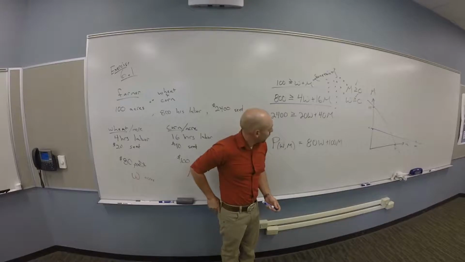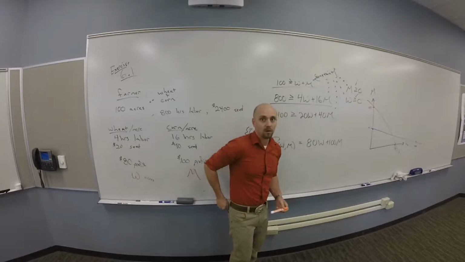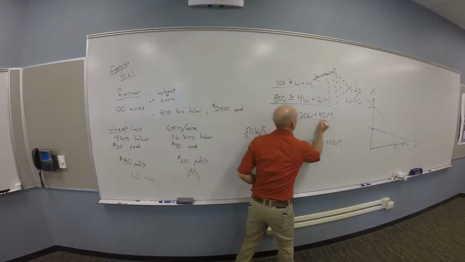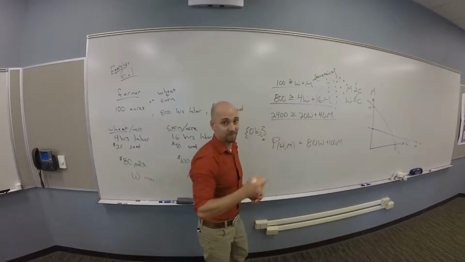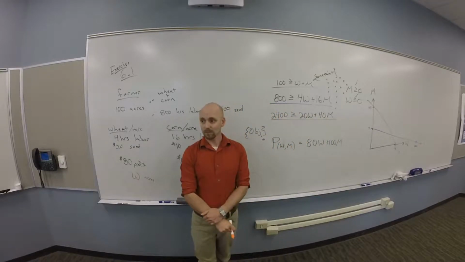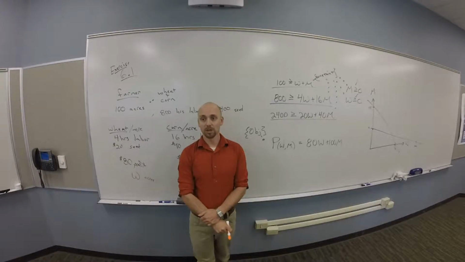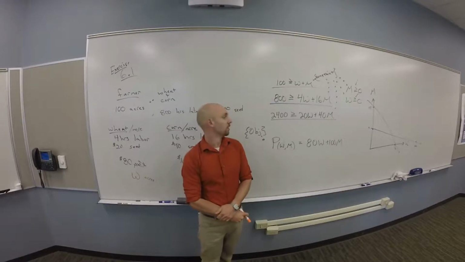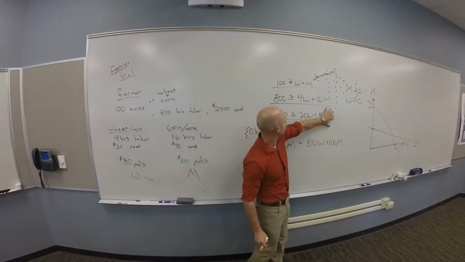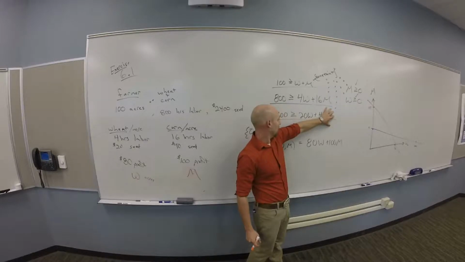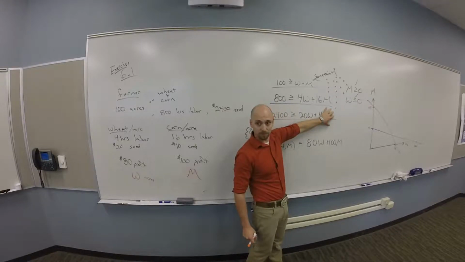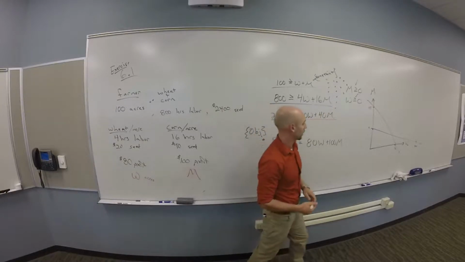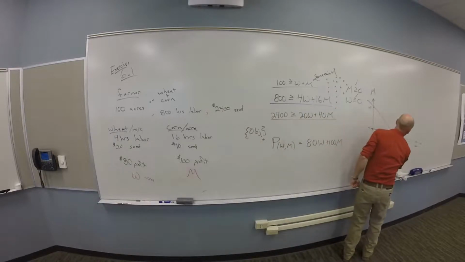All right, and one more. Orange. That's the money equation, right? That's my capital equation. How do I plot this? So if I spent all my money planting wheat, how much wheat could I plant? 120 acres. That's more than I've got anyway, right?